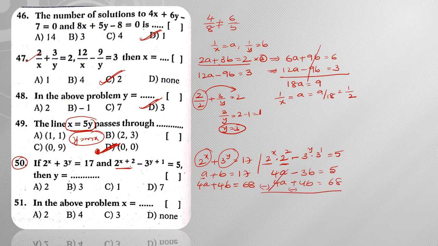So when I subtract, 4a minus 4a gets cancelled, minus 3b minus 4b is minus 7b, which is equal to 5 minus 68. So 5 minus 68 is minus 63. So from this b is equal to 63 by 7, 7 9s are 63. So the value of b is 9.